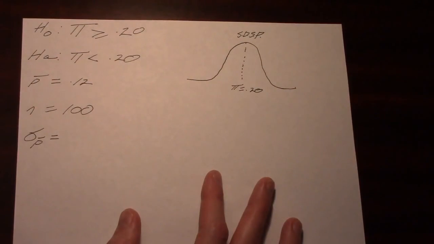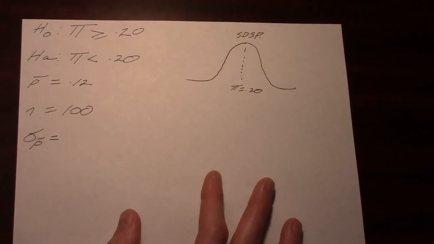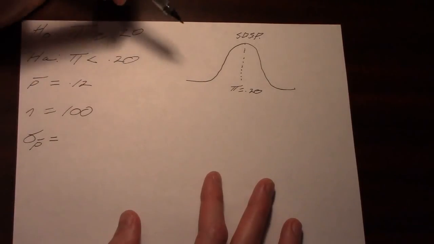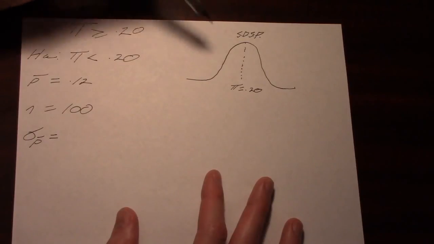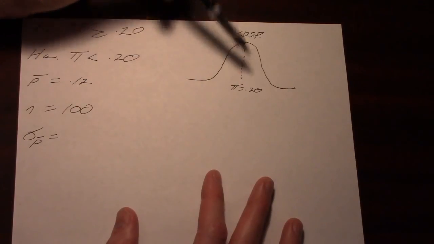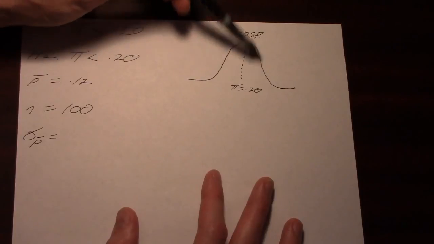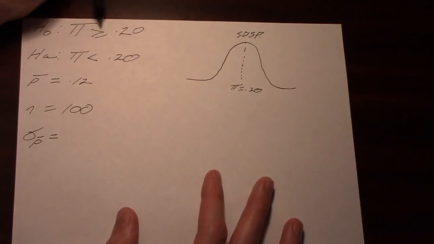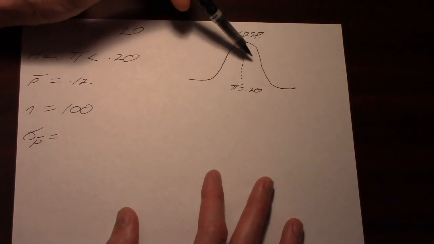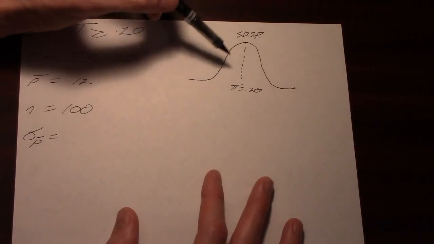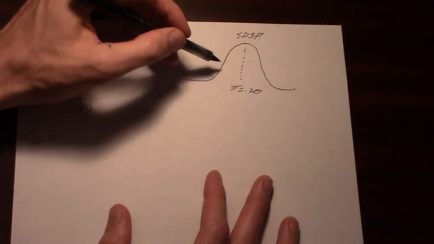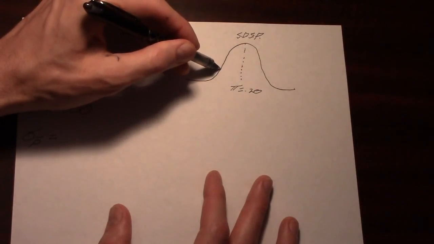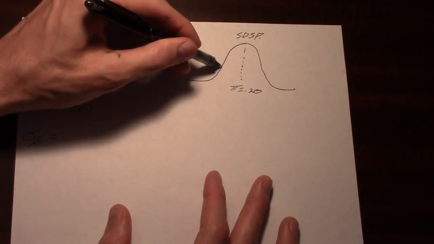And we're going to think about how we would assess information to the contrary. So the null hypothesis is the proportion is greater than or equal to 20%. So if we went out and found a sample greater than 20%, we're like, all right, fine. It's greater than 20% based on our sample. Where we're going to be concerned is if we find a sample proportion less than 20%, and in fact significantly less than 20%.